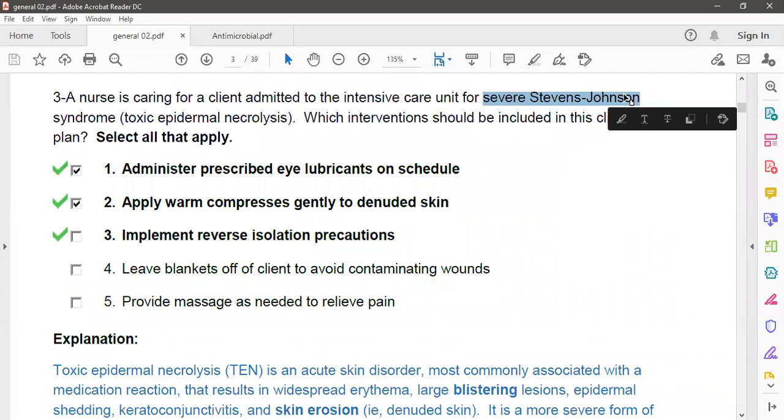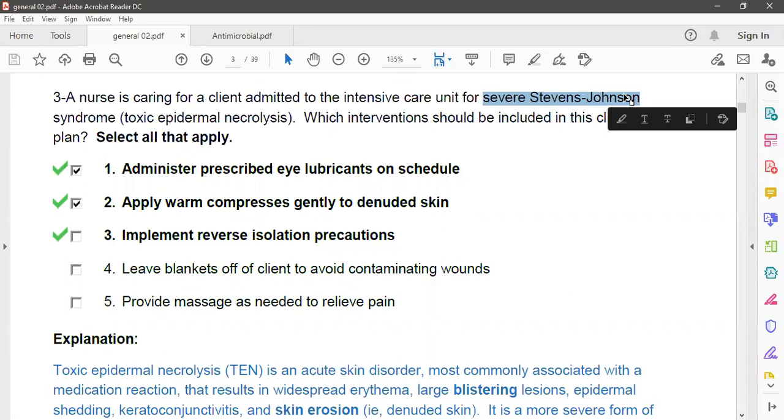It is usually a reaction to medication. Often it begins with flu-like symptoms followed by a painful red or papule-like rash that spreads, and blister formation.